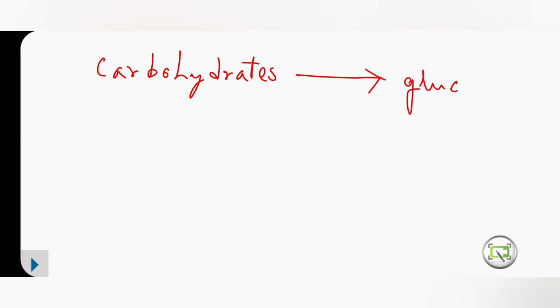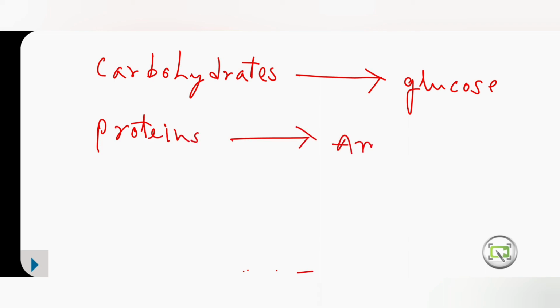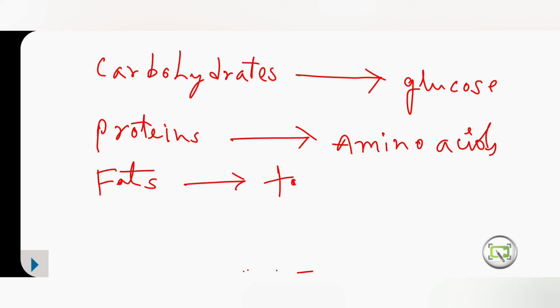So glucose is the simplest sugar, and proteins are converted into amino acids. And similarly fats are converted into fatty acids and glycerols.